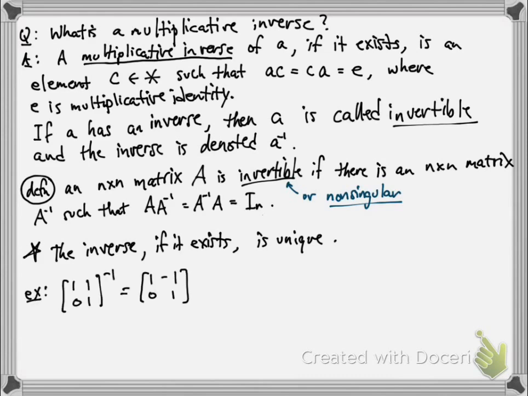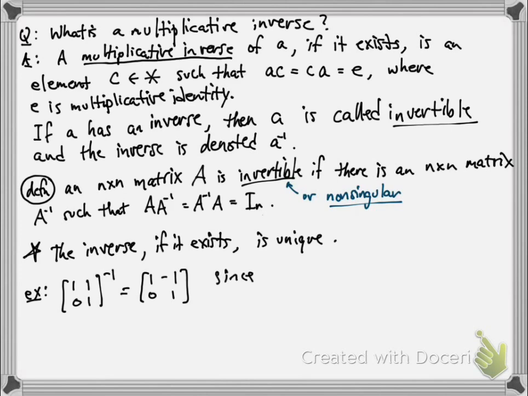Okay, so let's look at an example. This matrix 1, 1, 0, 1, I claim that the inverse of that matrix is 1, -1, 0, 1. Now how would we check that? Well, all we have is a definition of what it means to be a multiplicative inverse, and so that's what we check.